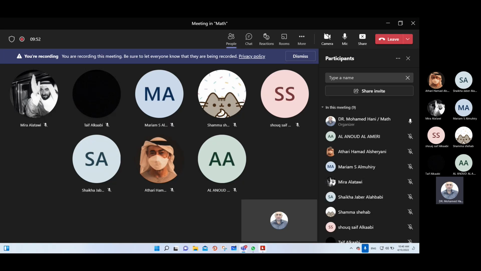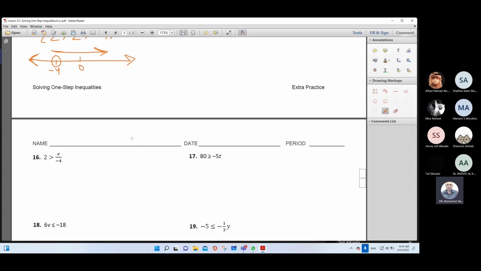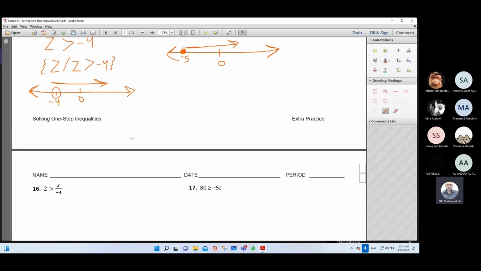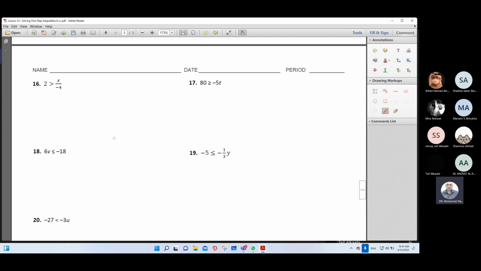Okay. Now I want from all to write number 16, then try to solve it, please. You have 3 minutes, then tell me what is the value of this inequality.